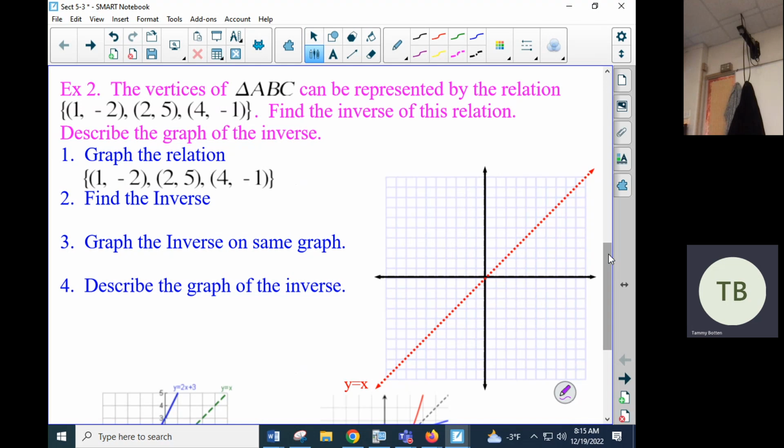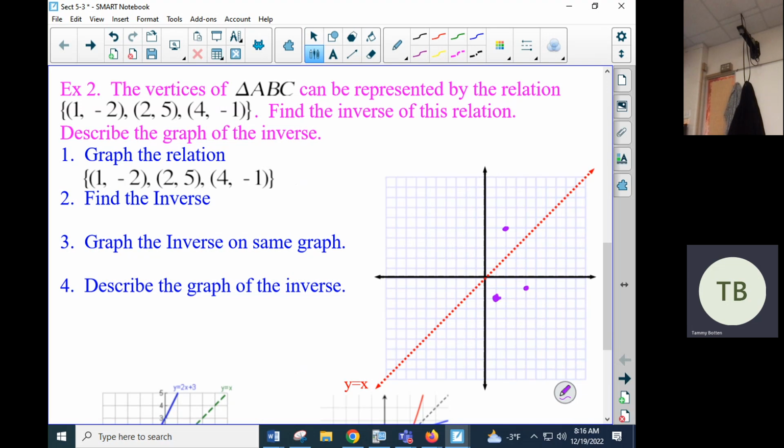And what they want us to do is graph these 3 points first and connect the dots. Okay, so let's do that first. If we go to 1, -2, that's going to be right here. 2, 5 is over 2, up 1, 2, 3, 4, 5. And then 4, -1 is over 1, 2, 3, 4, down 1.